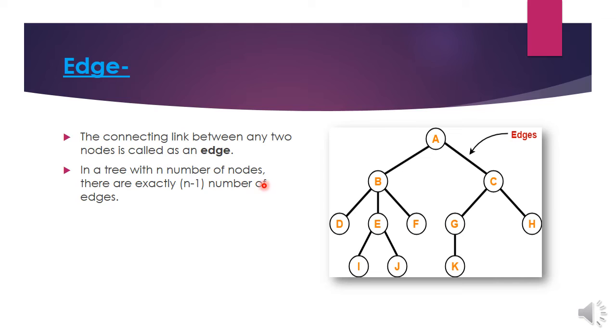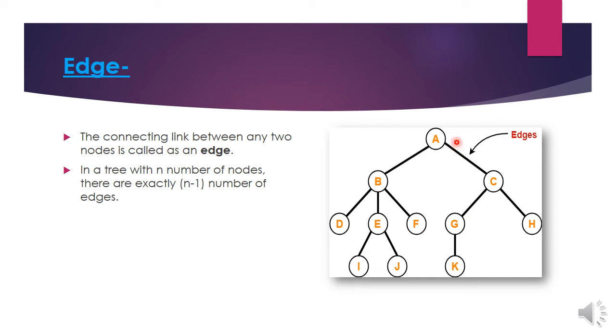Another interesting thing in the concept of tree: in a tree with n nodes, there are exactly n minus 1 edges. Suppose in a tree we have 5 nodes, then there should be 4 edges, that is, 5 minus 1 equals 4 edges. If you see these pictures, how many nodes are there? 1 2 3 4 5 6 7 8 9 10 11.